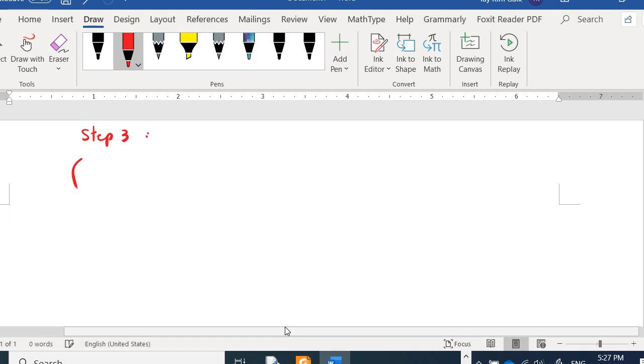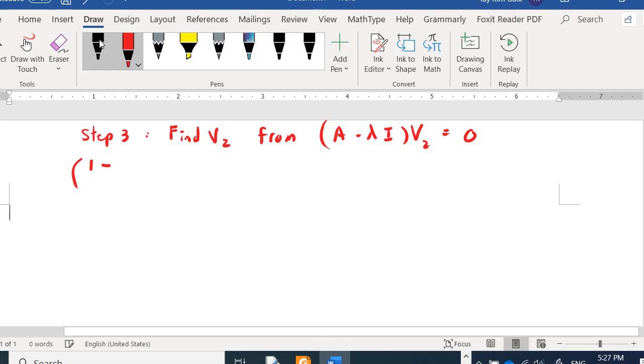Step 3, we find V2 from A minus lambda I V2 equal to V1. Let's take our A here, we got 1 minus lambda, our lambda is actually 2.